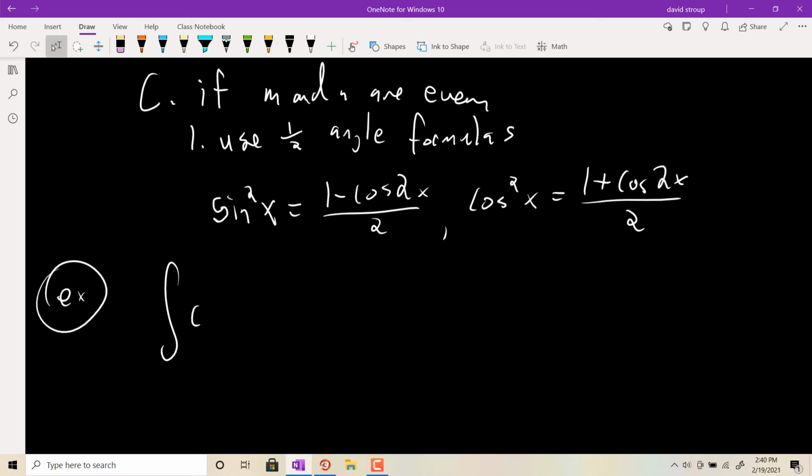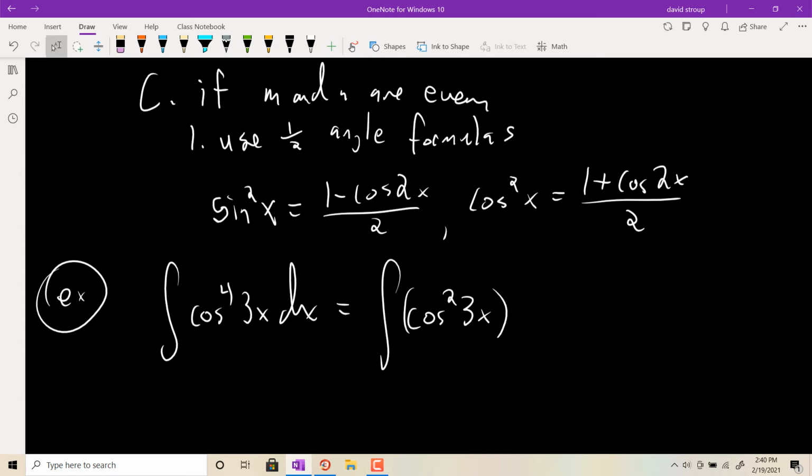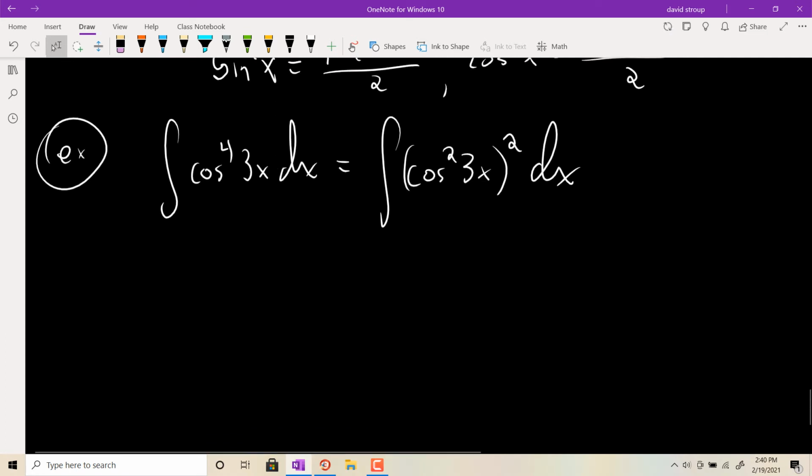So we have the integral of cosine to the fourth of 3x dx, something like that, right? Even before we pull any of the formulas out, we can rewrite this as cosine squared of 3x, squared, dx. And then we can do a substitution for cosine squared, right? So in that case, we would end up with 1 plus cosine, and it actually doubles the angle.